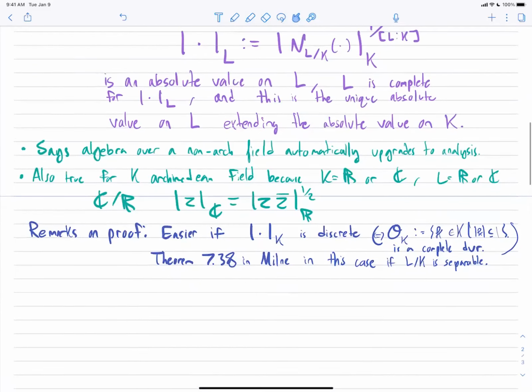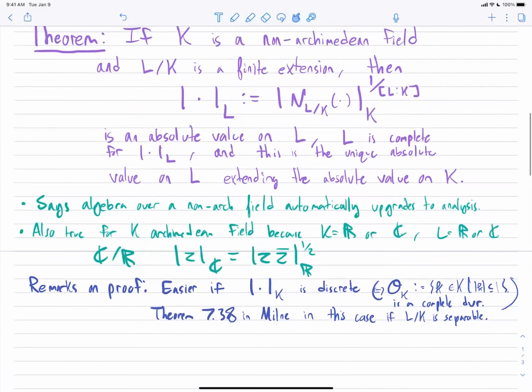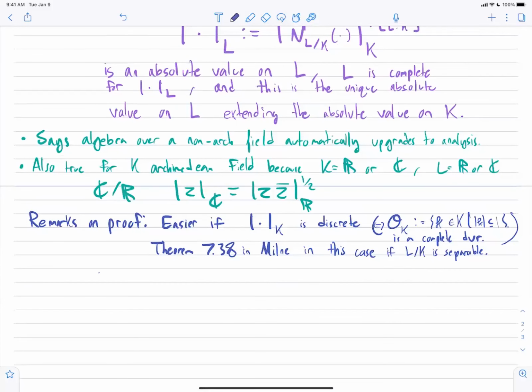Showing this has two parts to the argument. So for uniqueness, and I should have said this will be exercise 7 on this week's worksheet, which treats the general case.